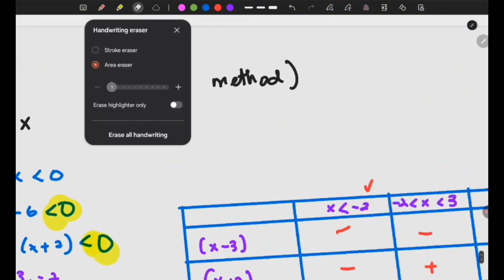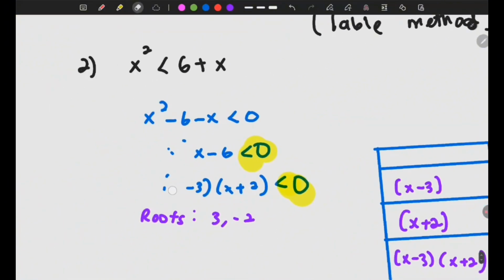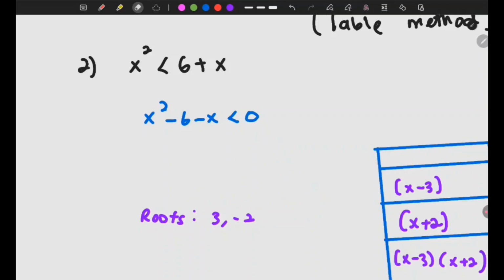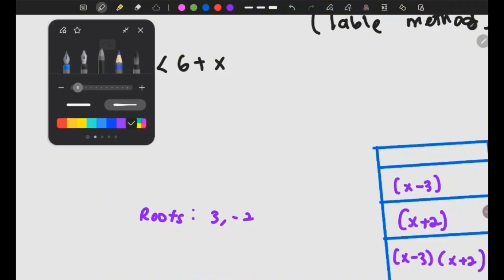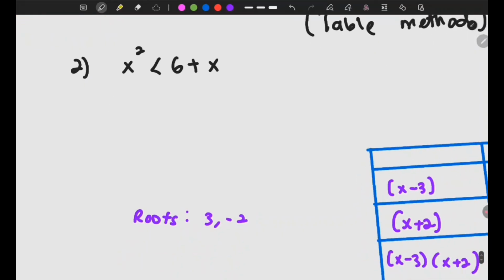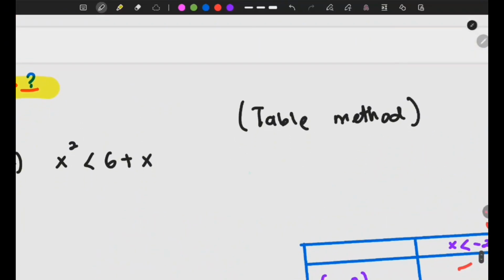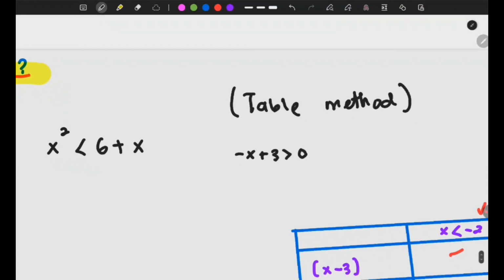Okay. I'm sure that you learned this. If you have negative x plus 3 less than 0, this is the kind of inequality from your lower secondary maths. I'm explaining again. Negative x plus 3 more than 0, how are you going to solve?